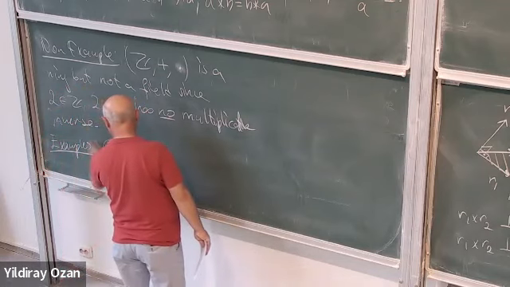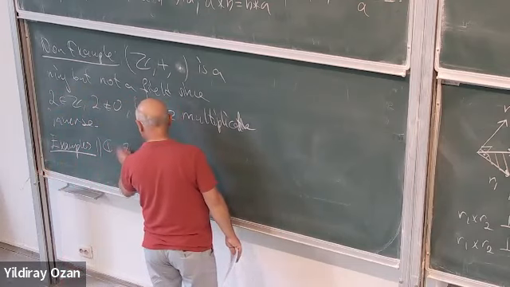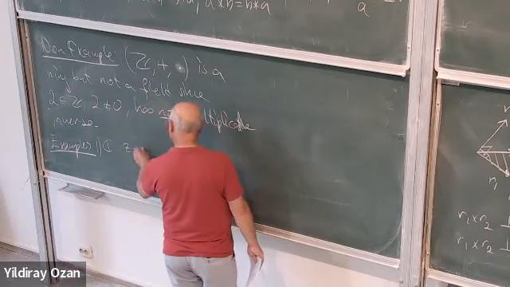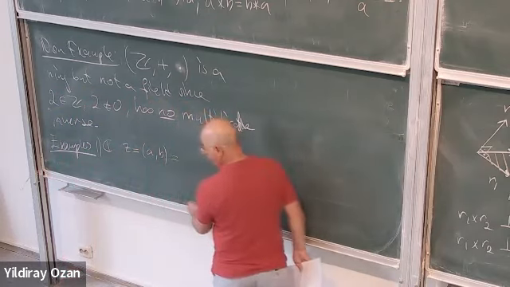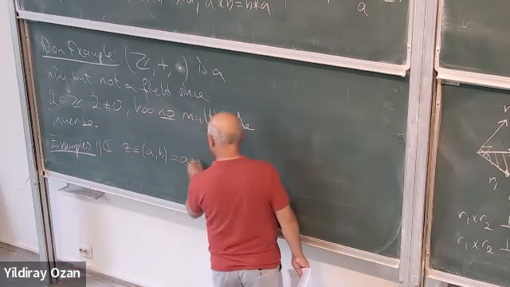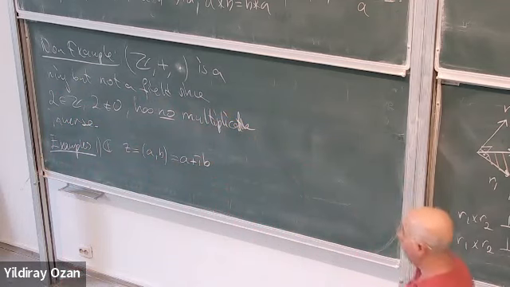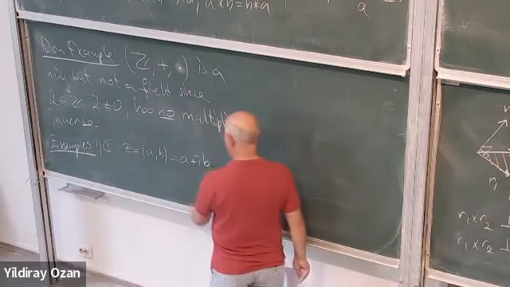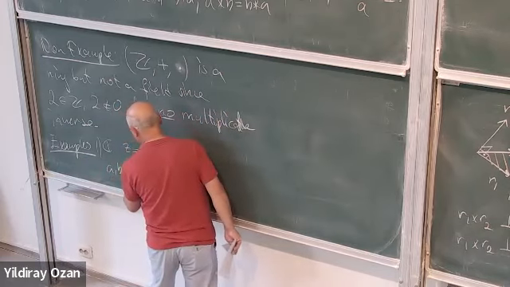What are complex numbers? A complex number is a pair of real numbers. You can write it this way, or we actually prefer writing it this way: A plus iB, where A and B are real numbers.